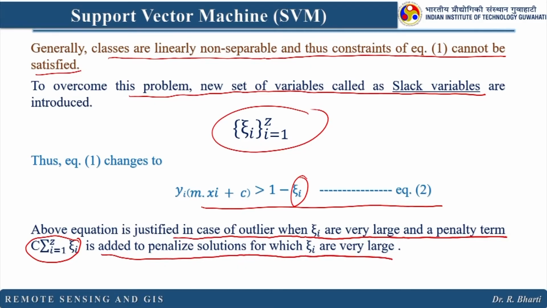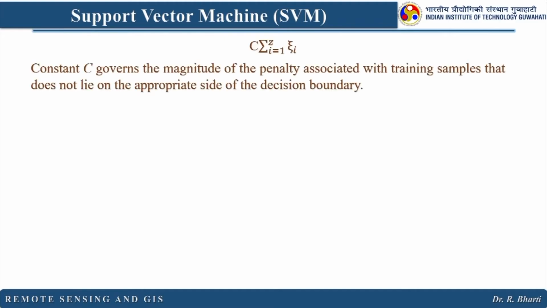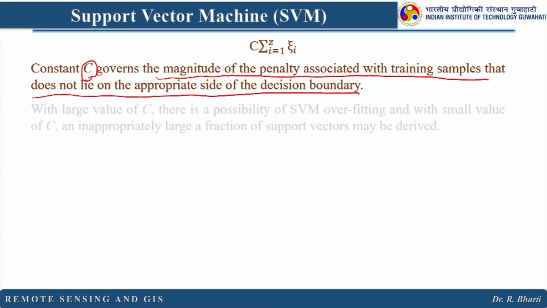So it is a very simple method, the only thing is you need to understand it and change it slightly, or you can mold this method according to your application. So here the constant c, again we are going to introduce this constant c, governs the magnitude of the penalty associated with training samples that do not lie on the appropriate side of the decision boundary.